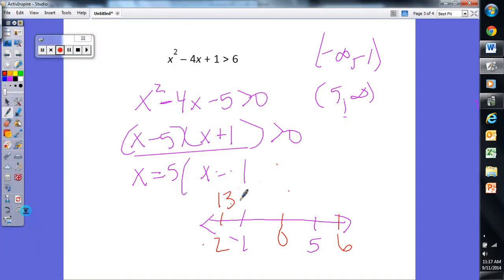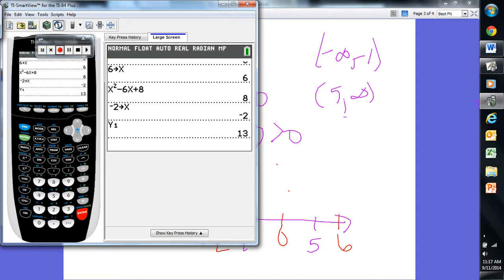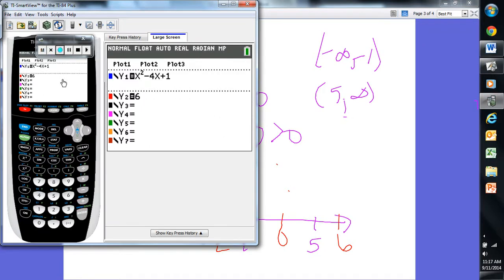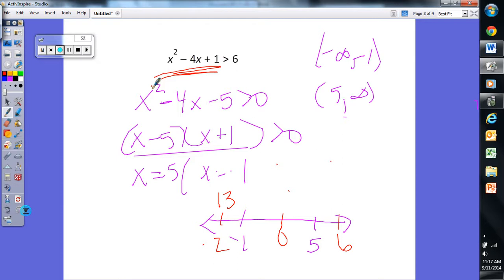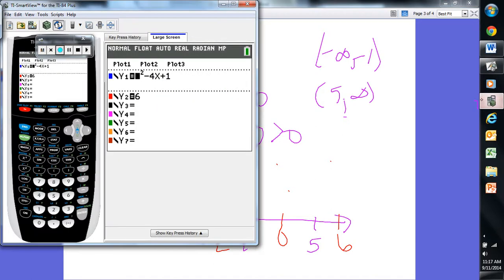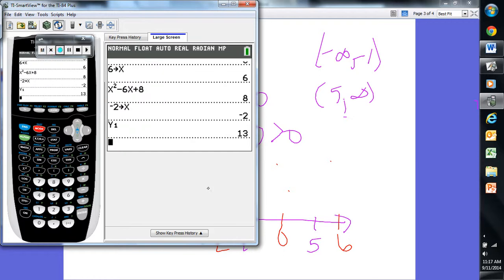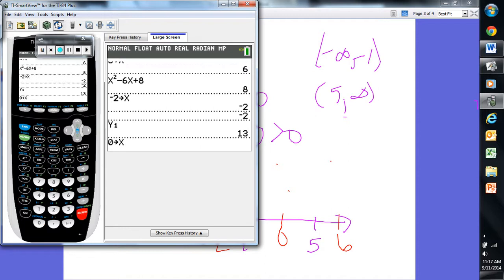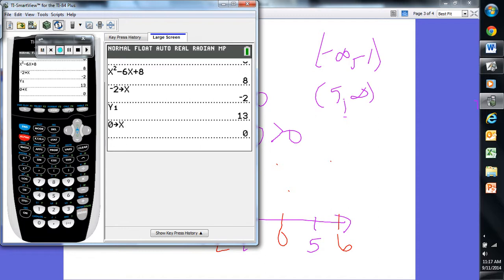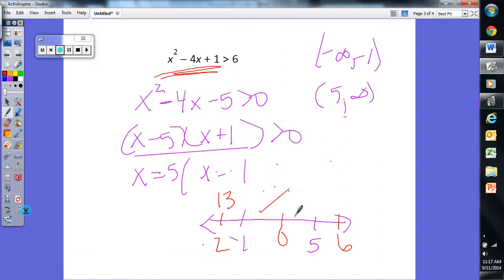I'll show you what I'm doing again. Remember that y1 is x squared minus 4x plus 1, which is this. When it's greater than 6, that's the solution to our problem. So I want to know if I plug in 0 for x, 0 stow x, and if I want to evaluate it at y1, I get 1, which is not greater than 6, so this is not true.